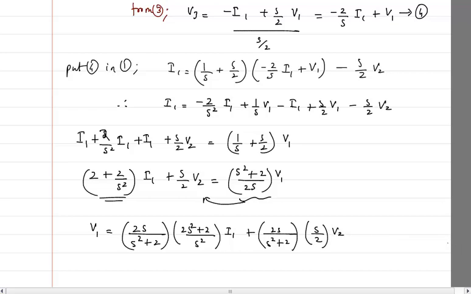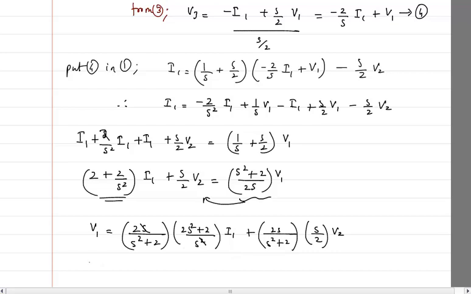Okay, from where I can cancel off the common parts and write the equation for V1. You can see here one of the S will get cancelled.